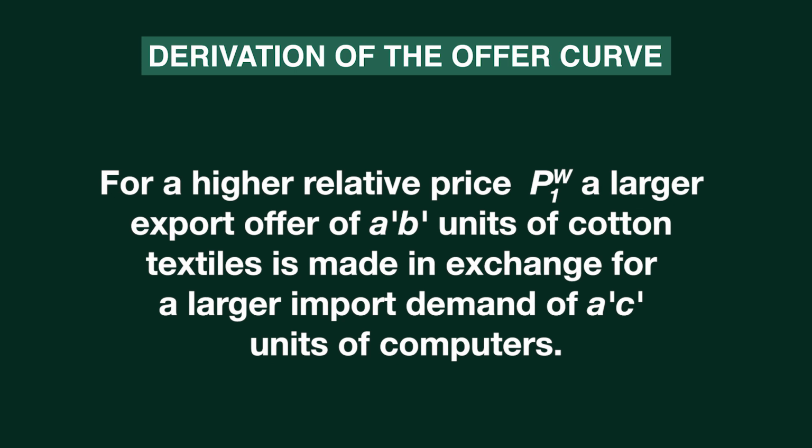So I am going to put this offer: are you ready to accept AB amount of textile? If someone says, yes, sir, I am ready to accept AB amount of textile, then the next point is, in exchange for AB amount of textile, I want to get AC amount of computer. Are you ready to give me AC amount of computer?